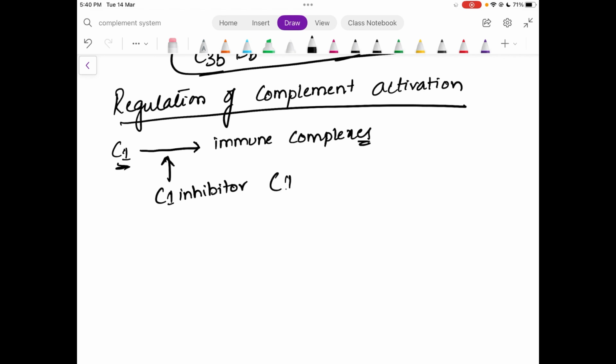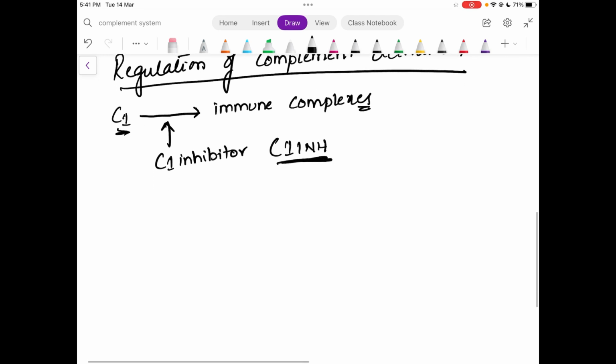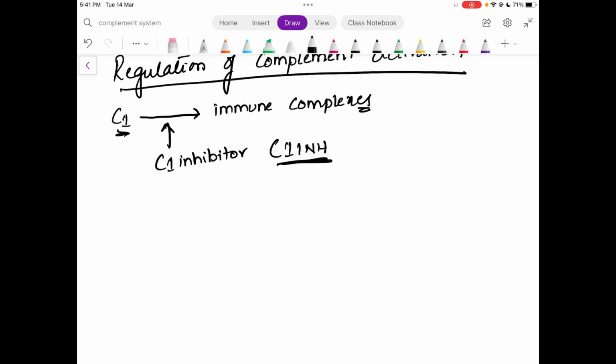It can be called C1INH. This inhibitor will prevent binding of C1 to the immune complexes and there is no further complement activation.